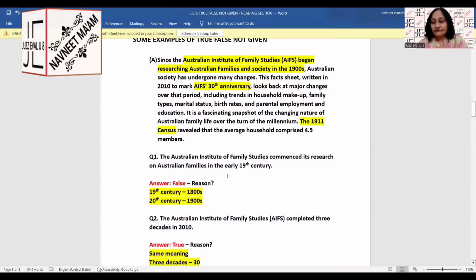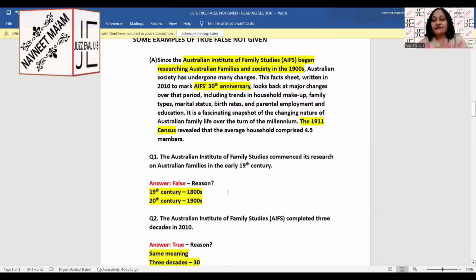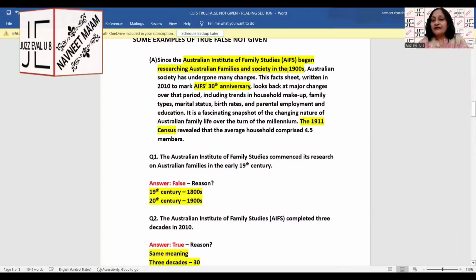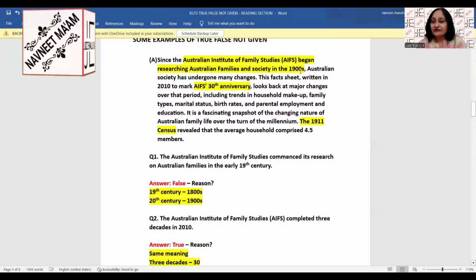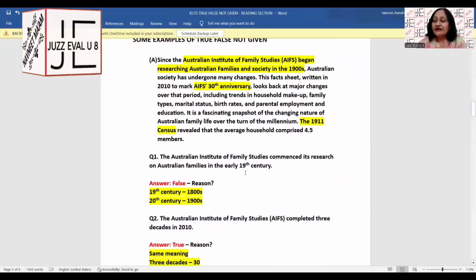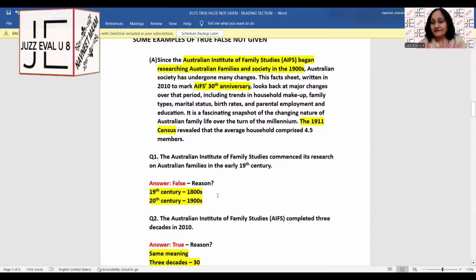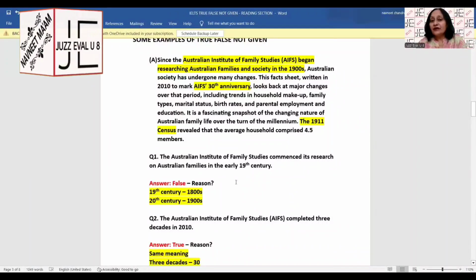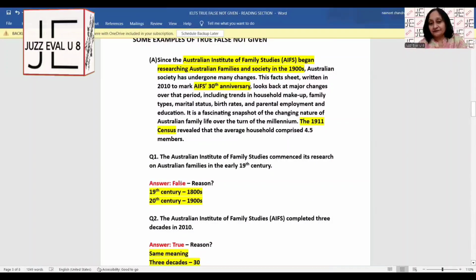No, this is false. So, what is the reason for this? See, 1900s was the previous century. This is the 21st century. Previous one was the 20th century. And 19th century is then 1800s. So if we look at this, the statement is false.